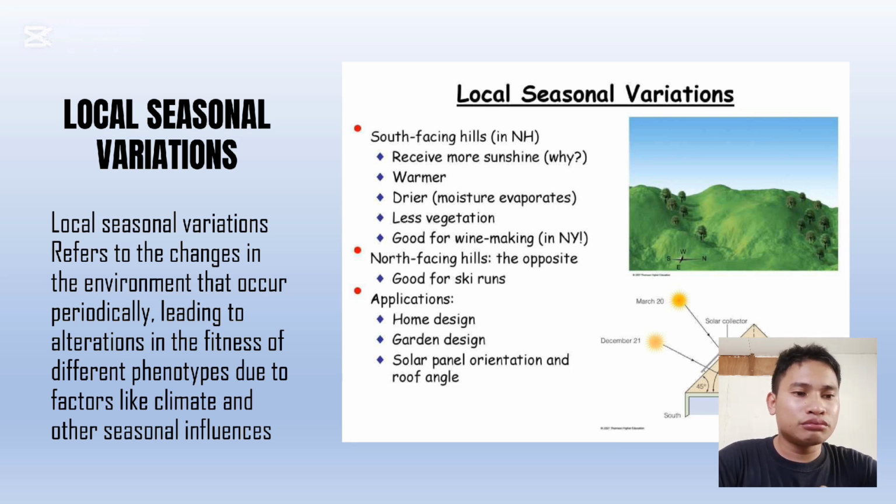So example, magtanom ka ng humay sa ating ulan, dili siya capable na makaharvest ka ng damo-damo, although may mga makuha nimo, pero dili siya good harvest kay tungod sa ating ulan malata ani mga unod.